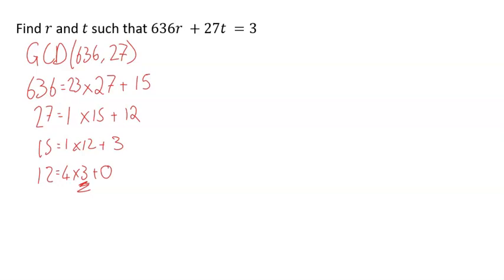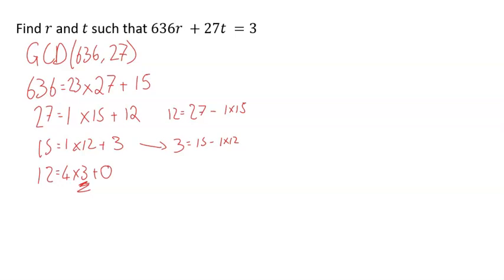So now that that's confirmed, what I do is I start working back and I start to rewrite these in the format that we want. So I'm going to take this first one and I'm going to write it as 3 equals 15 take away 1 times 12. I'm then going to rewrite the next line and I'm going to say that 12 is equal to 27 take away 1 times 15.